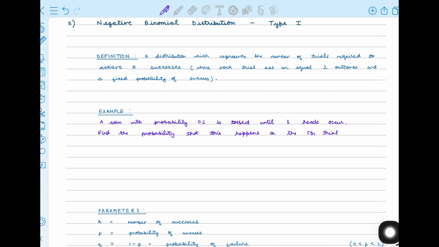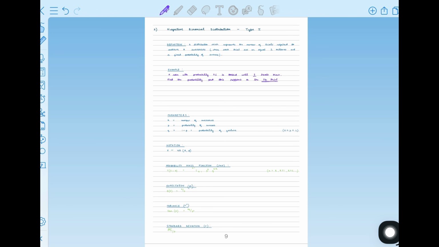As mentioned earlier, this distribution represents the number of trials required to obtain k successes. Here, 5 trials are required to obtain 3 successes. Therefore, this follows negative binomial type 1. The parameters include k, which represents the number of successes, p, which is the probability of success, and q, which is 1 minus p.